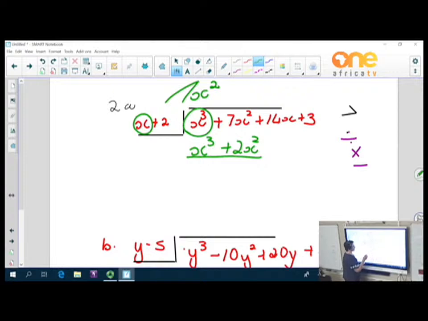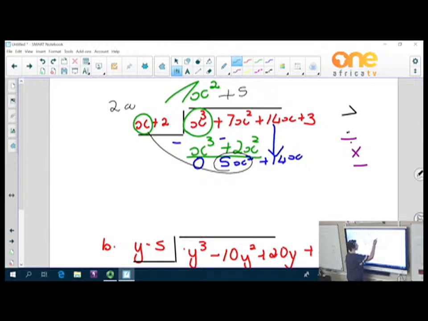Now we have to subtract, and for that we change the second signs. This one eliminates. Positive 7 minus 2 is 5x squared. We bring down the next one, plus 14x. How many times will x divide into 5x squared now?